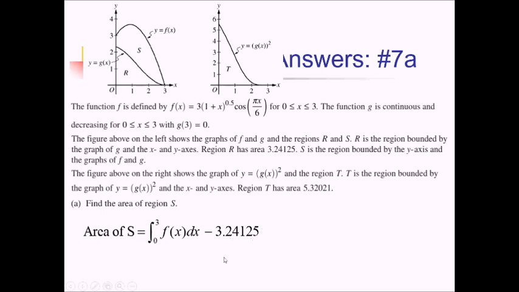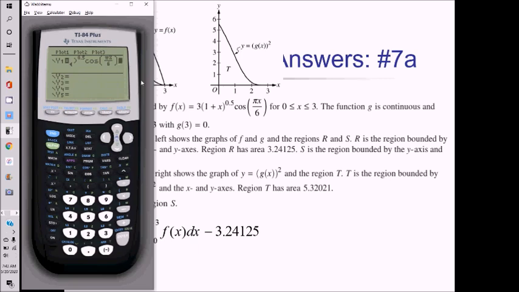Let's do it now. I've got a feeling I'm going to need to use this f of x function more than once, so I'm going to put it in as y1. Honestly, even if I was only using it once, I would probably do this, so I don't have to write it on top of doing other things. So let me quit out of there now that I've entered it in y1, and I'm doing my integral, so math 9, from 0 to 3, and I'm just taking the integral of f of x, so that's just alpha trace y1 dx.